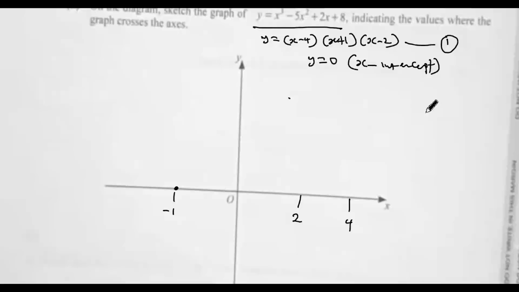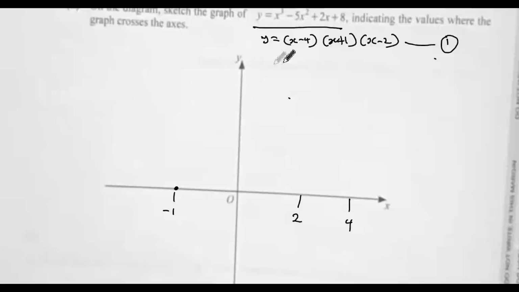Then I need to have the intercept on the y axis as well. For me to get the intercept on the y axis, I need to set x equal to 0. If x equals 0, then y equals -4 times 1 times -2, because x is 0 here.